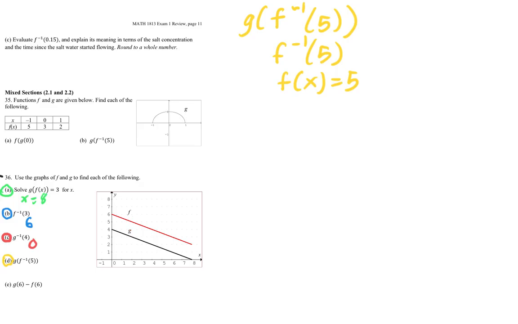So x is equal to 2 when y is 5 of our f function. So we're going to have x equals 2. So we want to know what g of 2 is now. So if we go over here, when x is 2, g is 3. So g of f inverse of 5 is equal to 3.